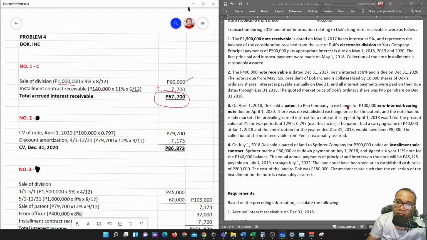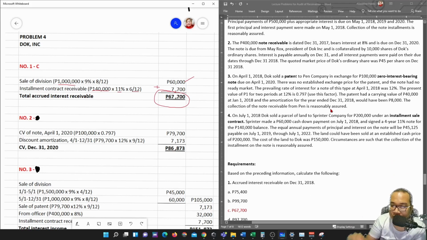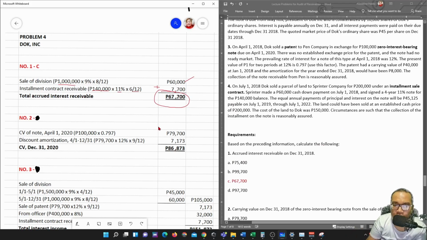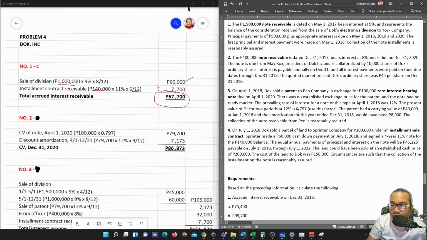Kaya enjoy mag-solve ng zero interest or non-interest bearing notes kasi madali lang siya. Straight to the point yung logic niya. So yun, carrying amount, 79,700 kasi given naman, dating kailangan i-compute. And the discounted amortization, yung idadagdag mo, di ba?